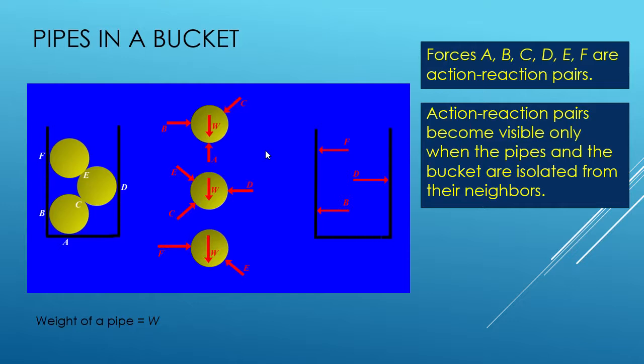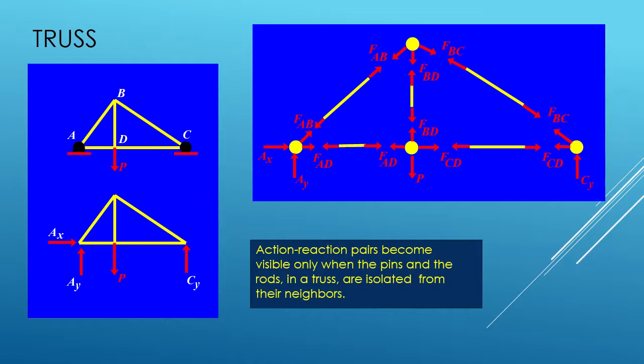Let's look at another example, which is a little more complex. This kind of a structure that we see here is called a truss. So we have three rods connected with pins, and it's supported here, and we have applied a load P. This pin A is applying two forces, AX and AY.